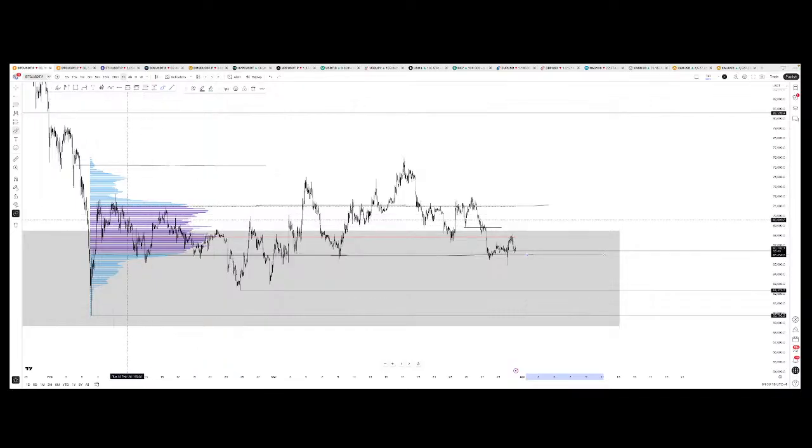In between is the volume area, and up there are volume nodes. In between is the NPOC, where the most volume is in this range.